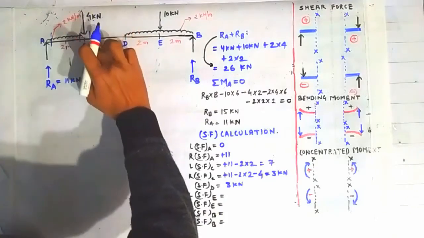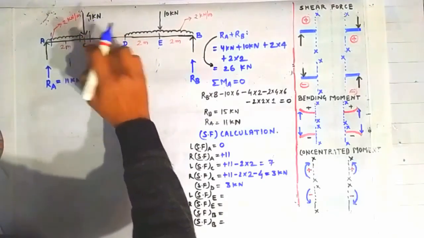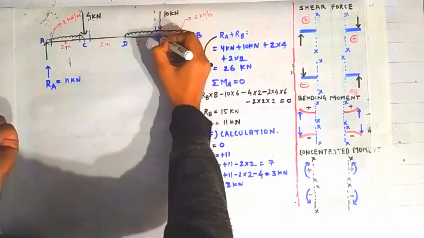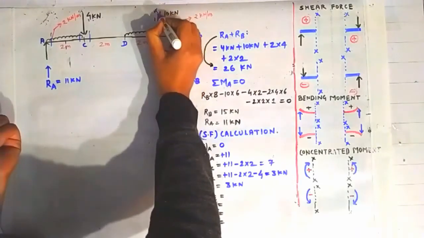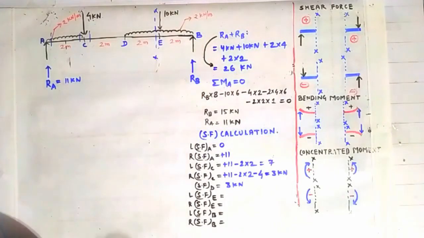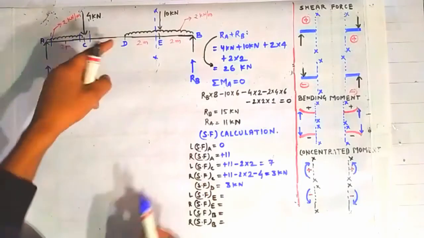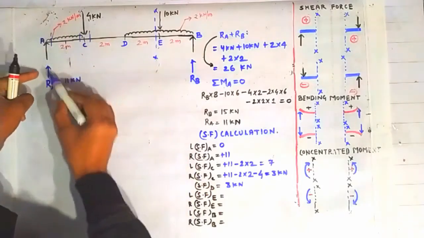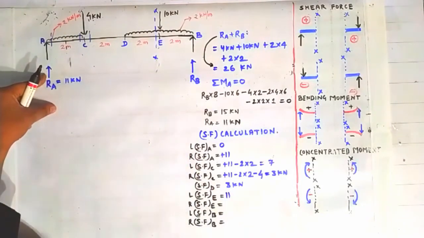Now shear force on the left side of the point E we will calculate. So on the left side of the point E, construct a section XX. Now looking on the left side of this section, this force is contributing toward a 11 kilonewton shear force.